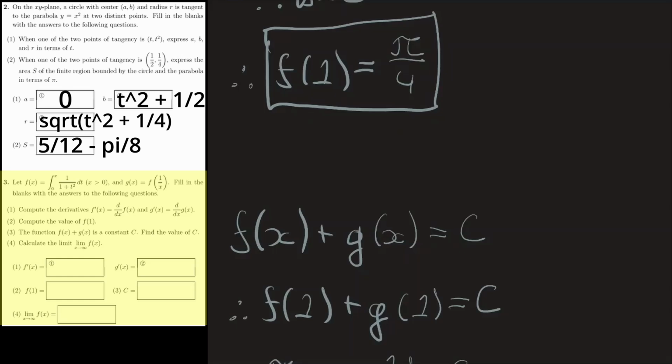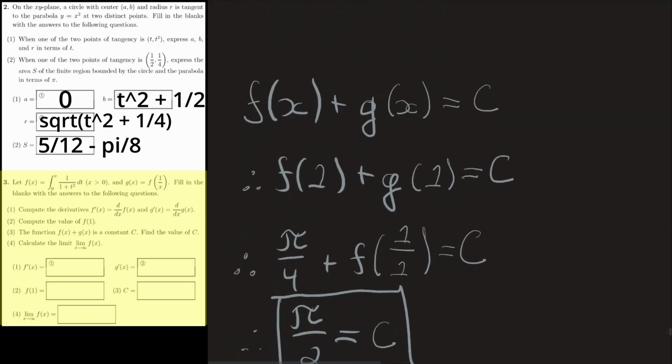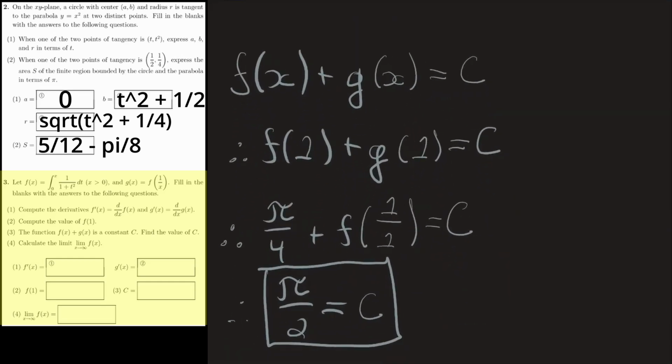Firstly, we already found f of 1, so we already did half the work. And secondly, g of 1 is just f of 1 over 1, which is just f of 1. So we don't have to do any more work, since we just found f of 1. So this is just pi over 4 plus pi over 4, which is pi over 2, and that equals c, and that is the answer to this part of the question.